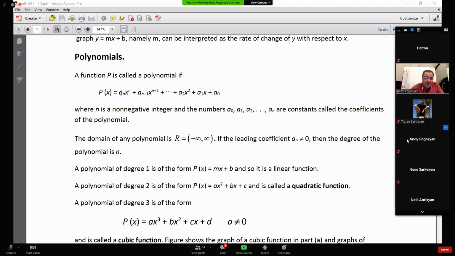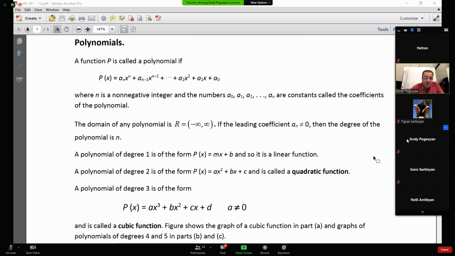That would be the leading term in the polynomial, an x to the n, and it will determine the power of the polynomial. So it's constant, linear, quadratic, cubic, or higher. n is in general a non-negative integer, so it's 0, 1, 2, 3, and goes on.